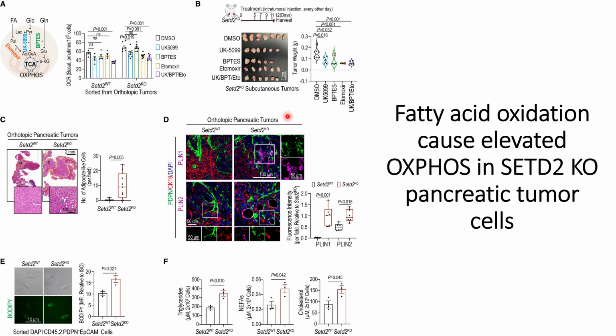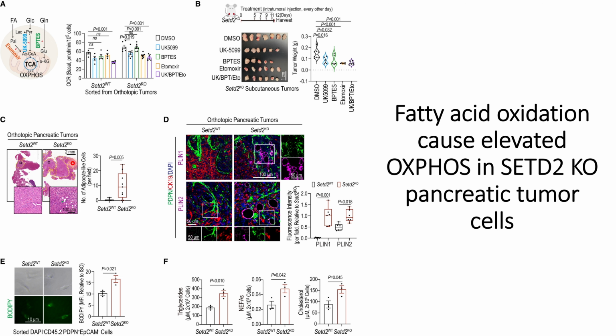And thereafter, once they identified that fatty acid oxidation could be the reason behind elevated OXPHOS, they wanted to check whether there is a lipid-rich environment in the SETD2 knockdown compared to the SETD2 wild type in the tumor microenvironment or in the stroma of the pancreatic tumor cells.